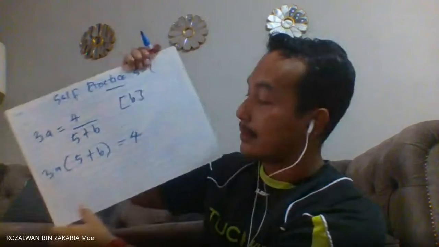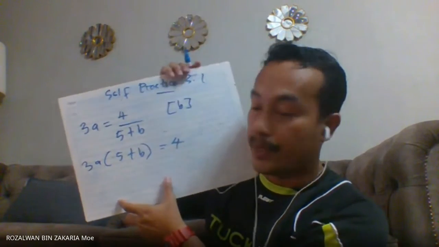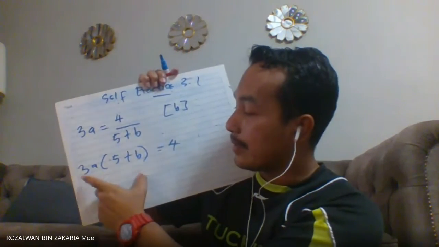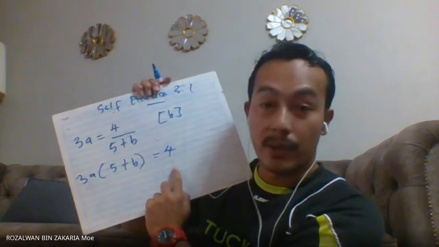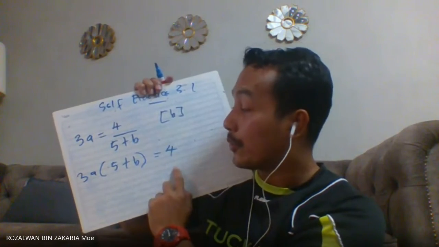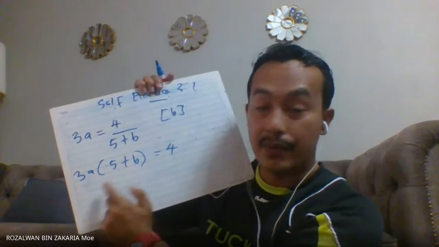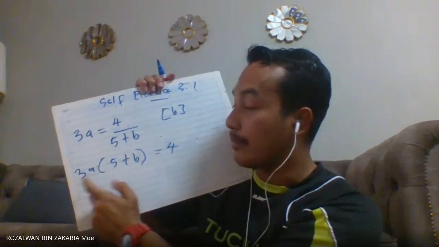All right, class, it will become like this: 3A multiplied with 5 plus B equal to 4. Then what to do? We have to expand this. That means 3A multiplied with 5 equal to 15A, plus 3AB, then equal to 4.